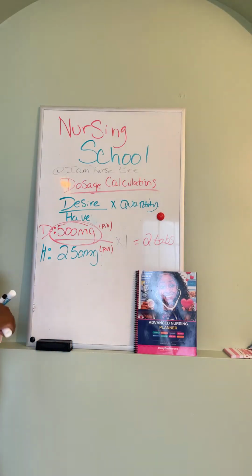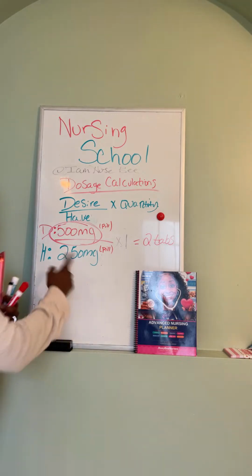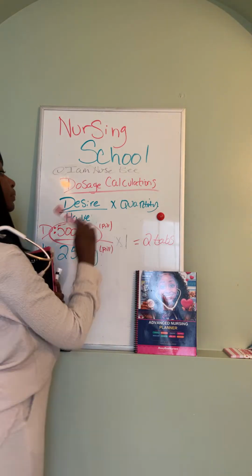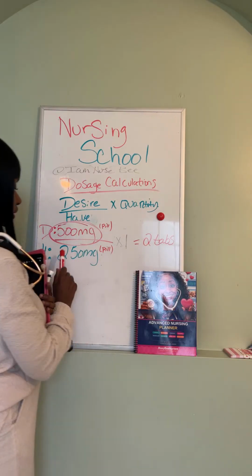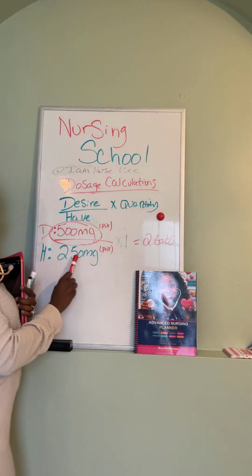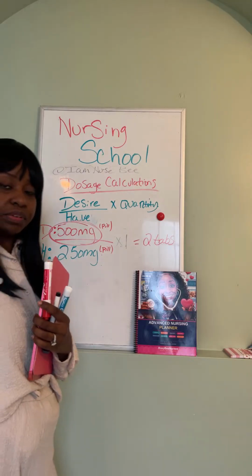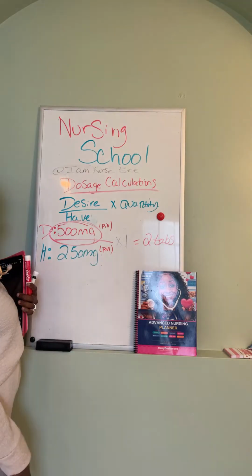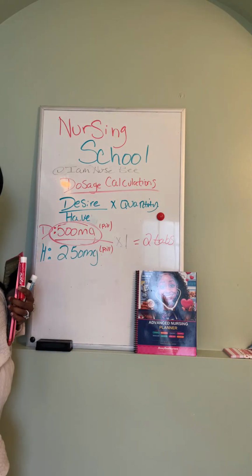If you got that in the chat, please write it in. So you are meeting the doctor's order by giving 2 tablets. Each tablet is 250 milligrams. 250 times 2 gives you 500 milligrams. There you go.